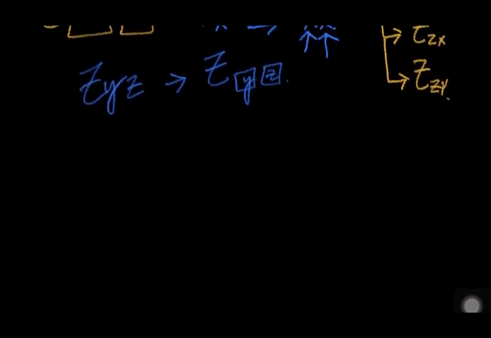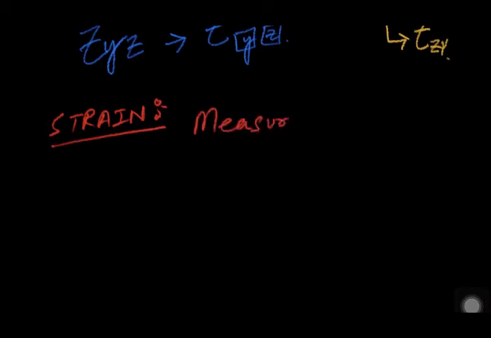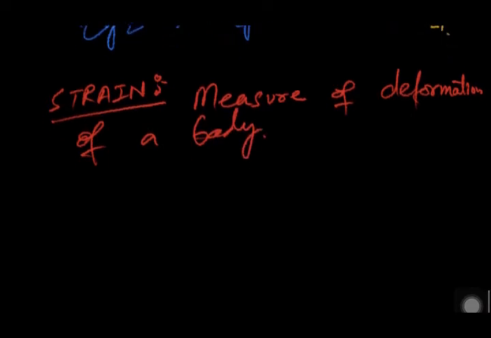And also let me tell you, the same happens in the case of strain. But before we go ahead, let me tell you what strain is. Strain is nothing but a measure of deformation of a body. What does that mean?